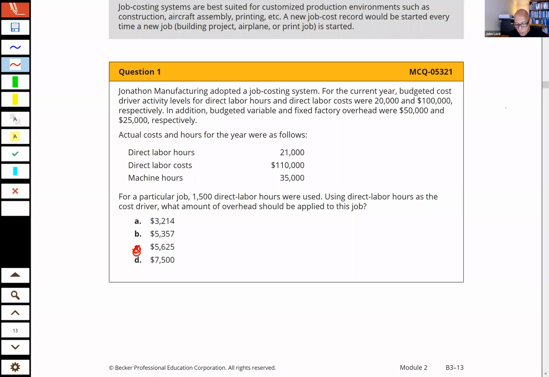For the current year, budgeted cost driver activity levels for direct labor hours and direct labor costs were 20,000 and 100,000 respectively. So they're telling us what they budgeted for the hours, 20,000, and what they budgeted for the direct labor cost, 100,000.